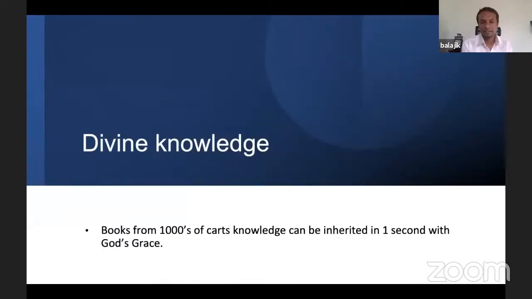And Perumal also says that if we imagine thousands and thousands of cards which have all those books in them, all that knowledge can be inherited within just a second, with His grace. So it is possible. The process is going to take time, but once the process is there, getting it is quite easy. It's just a matter of seconds we are talking about.